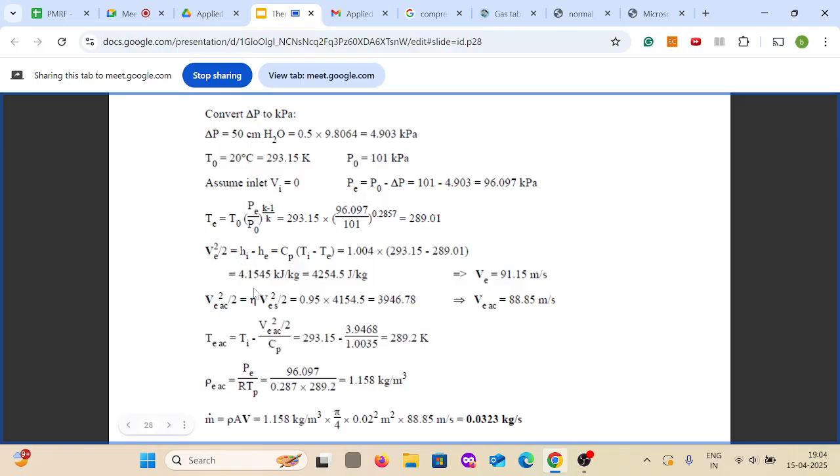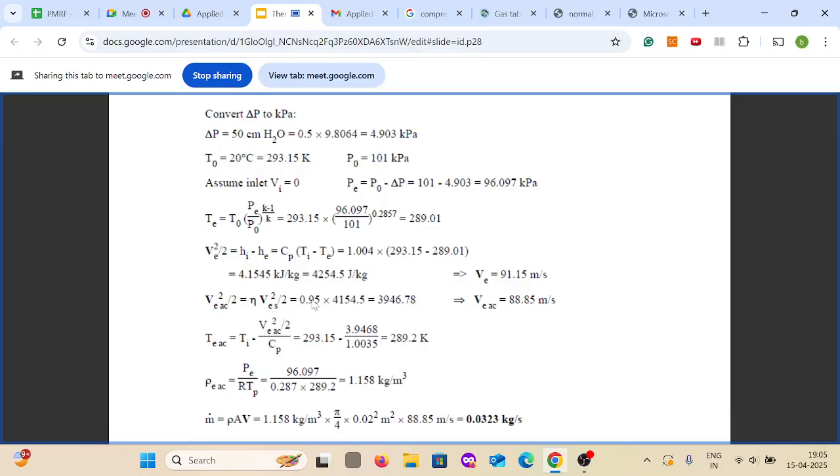So nozzle efficiency, just like the previous one, we can write as the enthalpy difference Hi minus He by Hi minus He when it is isentropic flow. So that is written in terms of kinetic energy here. So V square by 2 actual is nozzle efficiency times V square by 2 for an isentropic flow.